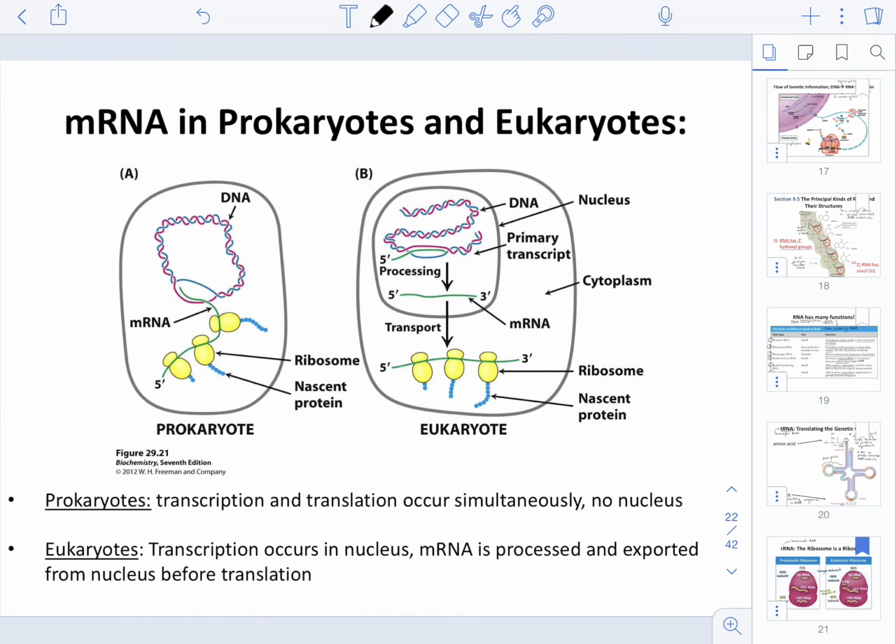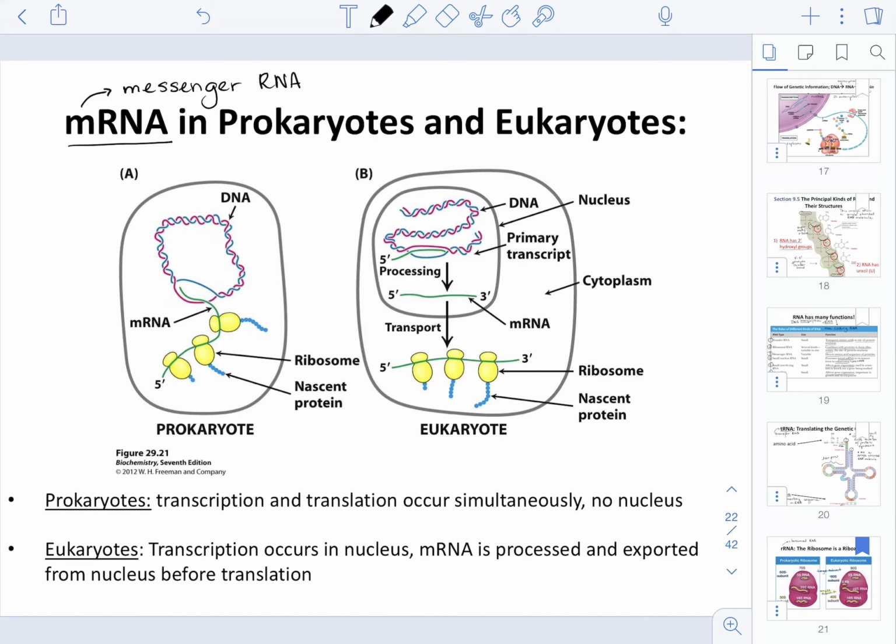The next type of RNA is going to be messenger RNA. A messenger RNA or mRNA is going to be the molecule that is directly synthesized from transcription.